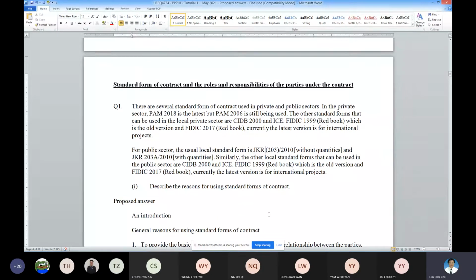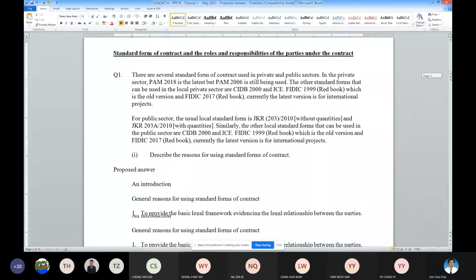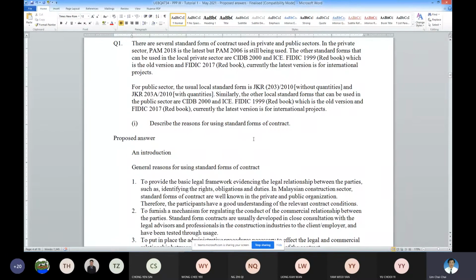Don't feel shy. If you don't have any problems from this PPP 3 exercise, from my lectures or from your own reading, if you have, this is the time. Please be more proactive. Don't just keep on listening and go back. There's no point, you won't learn much.